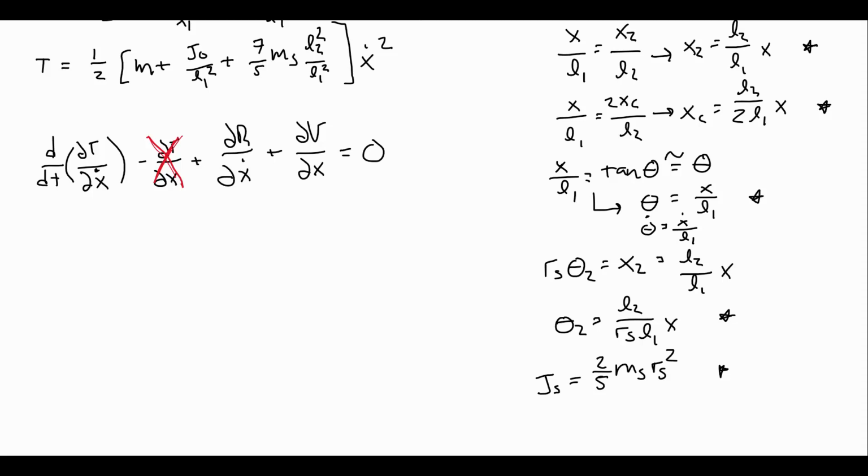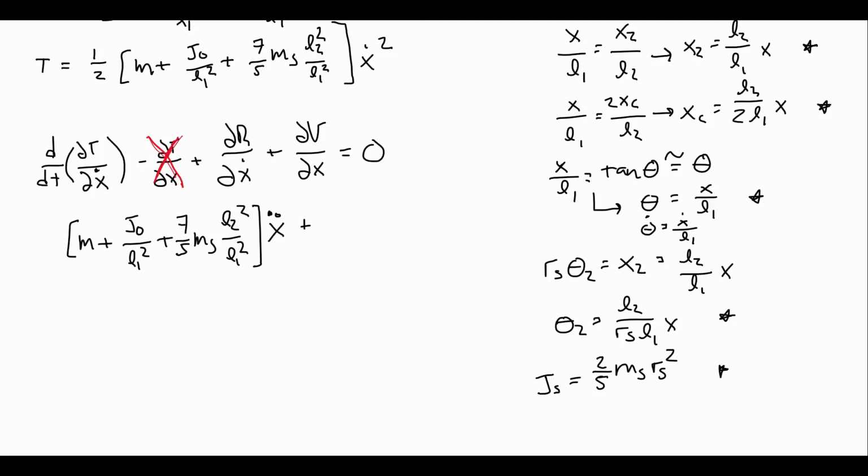So I am going to be left with m plus J naught over L1 squared plus 7/5 m_s L2 squared over L1 squared x dot. Now that's just the del T del x dot. Now I need the time derivative of this. The only thing affected by that is x dot goes to x double dot. All right, so that is my first term.